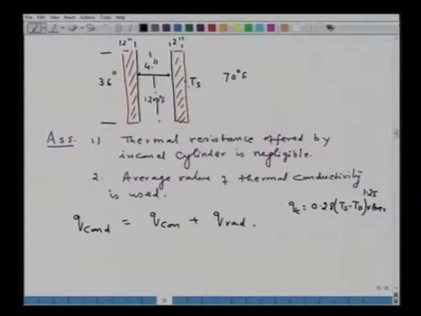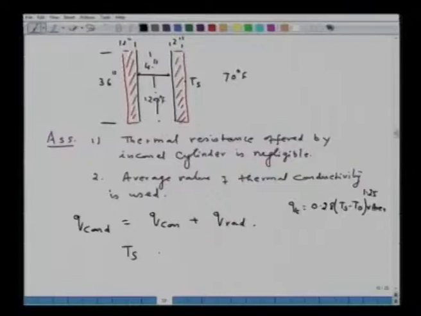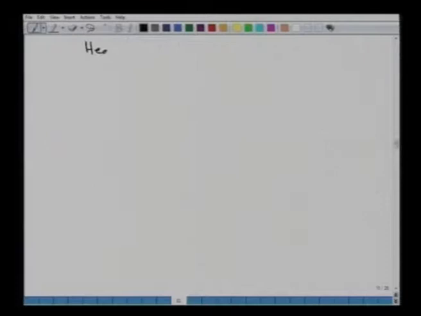So, if you calculate Ts by equating the left hand side and right hand side of the formula and inserting the numerical values which are given, Ts will come to approximately 400 degree Fahrenheit, and corresponding to 400 degree Fahrenheit, the heat loss would be 6523 BTU per hour.